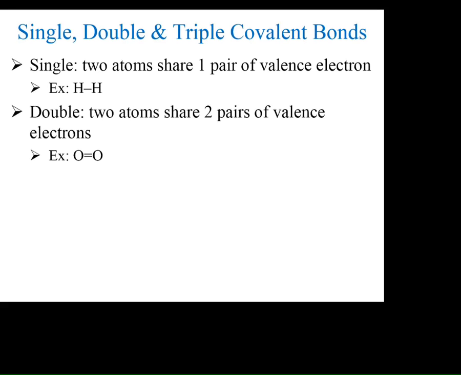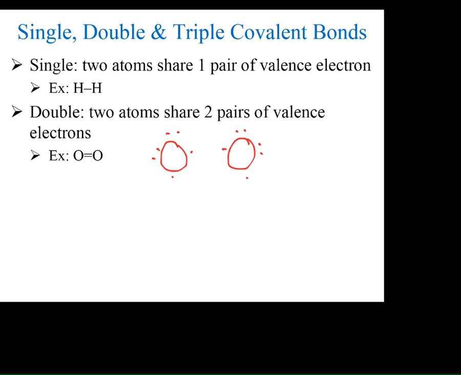But let's say it was oxygen. I told you oxygen is one of the 7 diatomics, which means you never find it by itself. Now we can see why. Oxygen has how many valence electrons? 6. So oxygen by itself is not happy, is it?